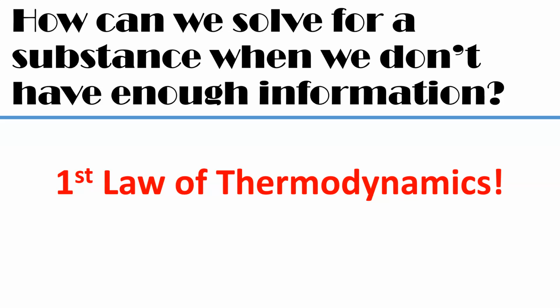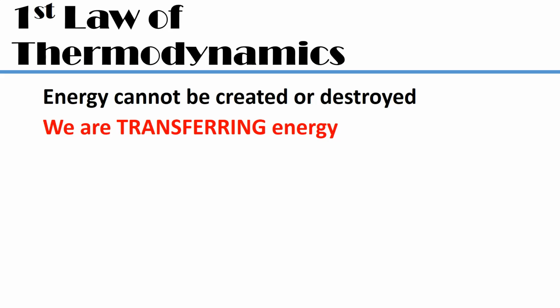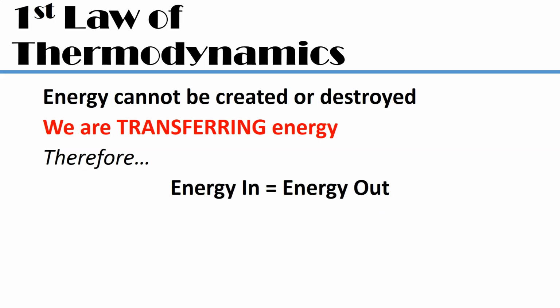We are going to realize that because energy cannot be created or destroyed, the only thing we're doing in these problems is transferring the energy. We are moving it from one object to the other. So whatever the energy into one object is, it's the same energy that the other gave out.